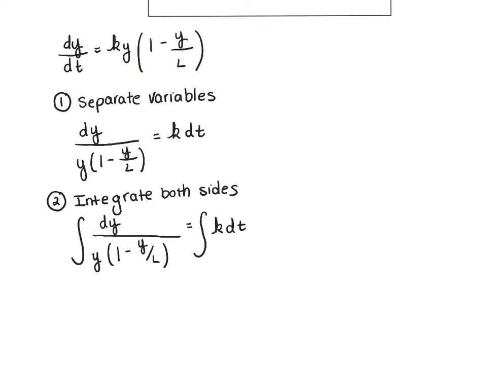Now you can distribute the y, sure, and try to integrate that, but then you end up with this binomial in a denominator, and it's this huge mess. Basically, with the techniques that you currently have, you're not going to be able to integrate this.